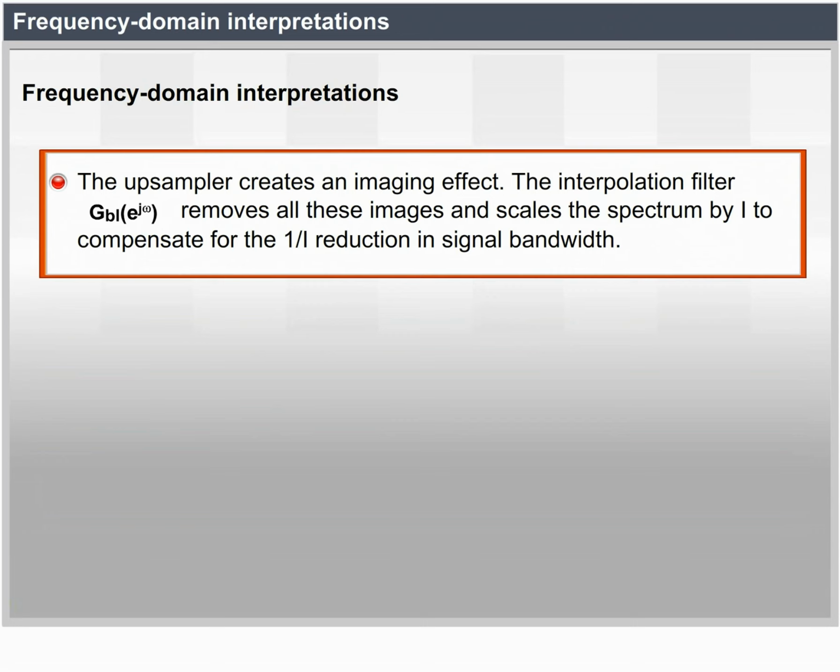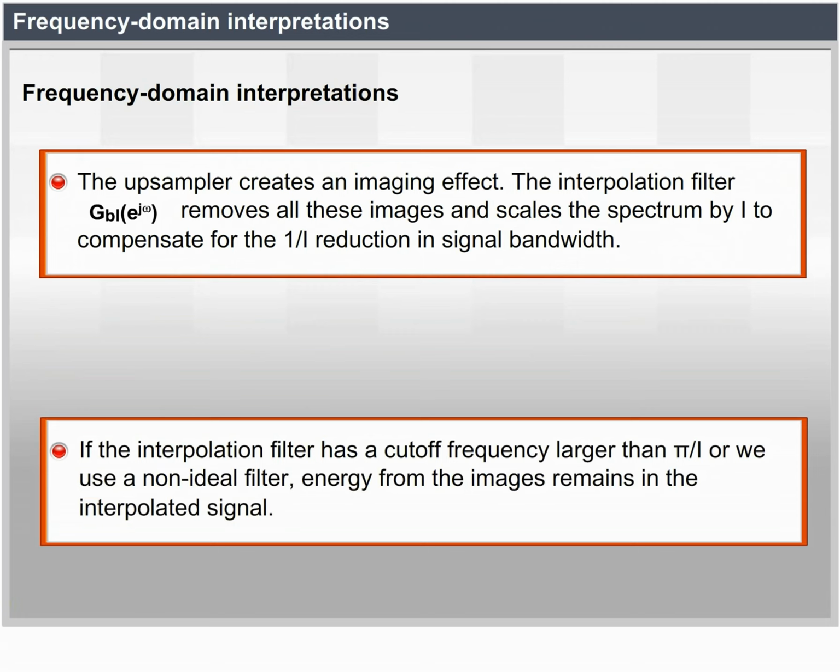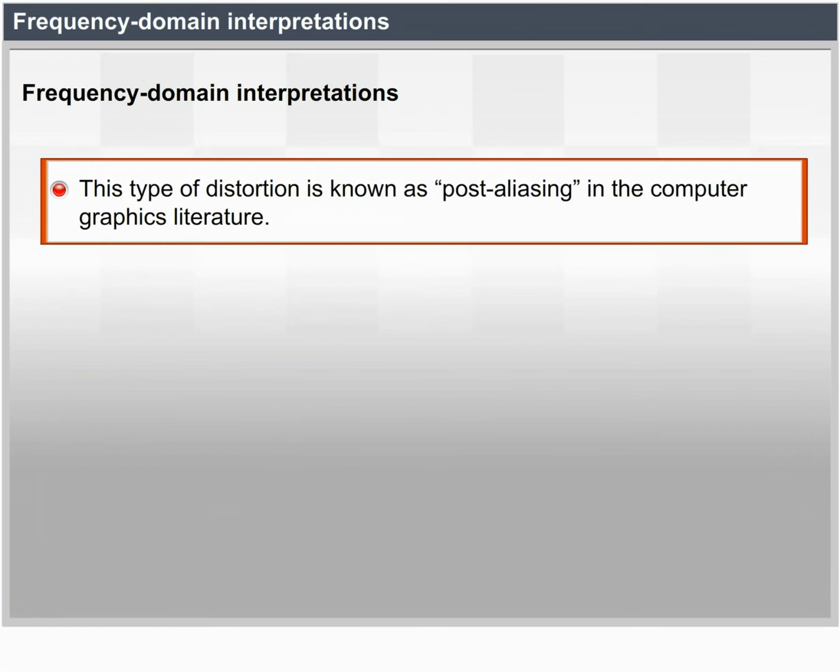If the interpolation filter has a cutoff frequency larger than π/I, or we use a non-ideal filter, energy from the images remains in the interpolated signal. This type of distortion is known as post-aliasing in the computer graphics literature.